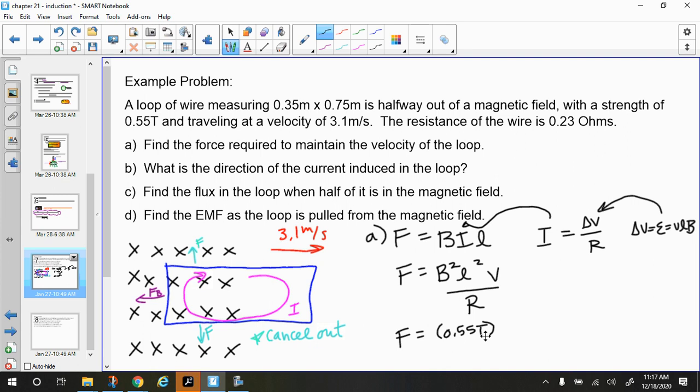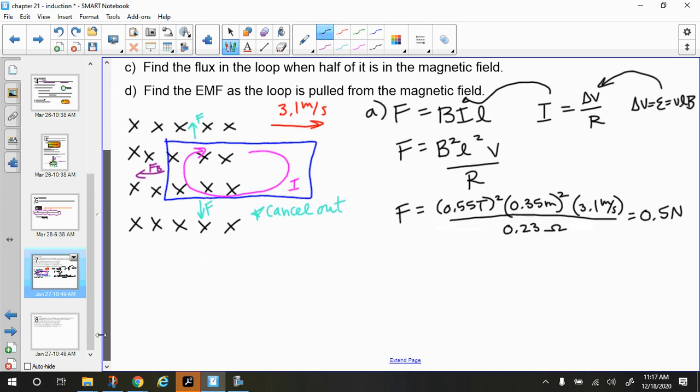I didn't write out all my notes, which was a mistake. Times the length of the wire, which is 0.35 meters squared, times the velocity, which is 3.1 meters per second. And then we divide by the resistance, which is 0.23 ohms. So that gives us 0.5 newtons.